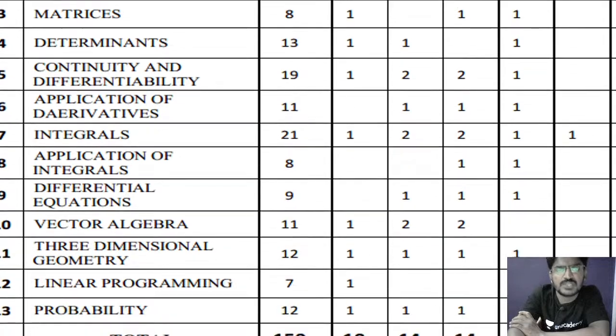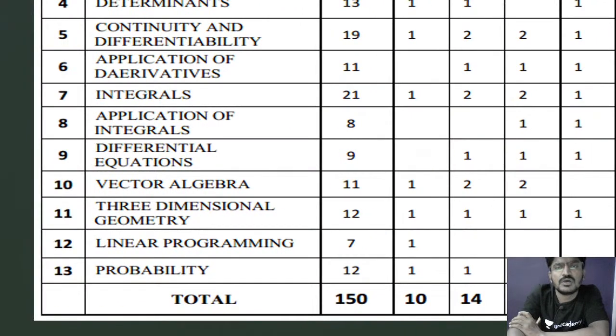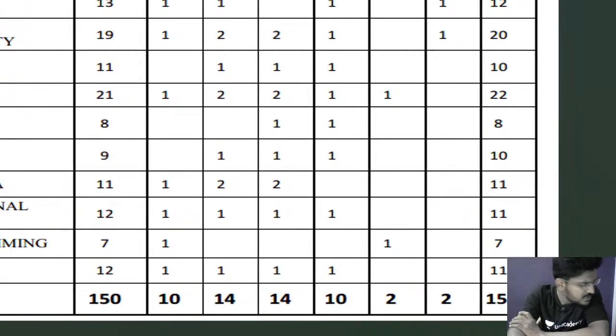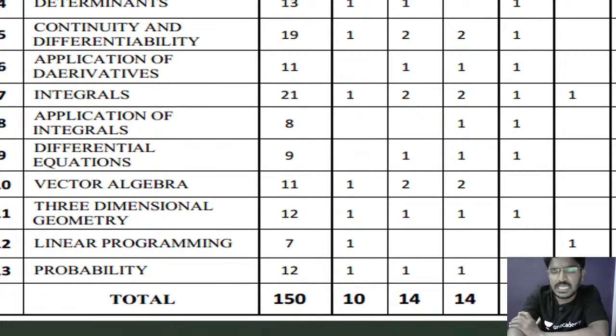Integrals is a very big chapter of nearly 21 or 22 marks. Please remember part E, the 6 mark question, is from properties of integrals, and part D, the 5 mark question, will be on integration of some more integral types.